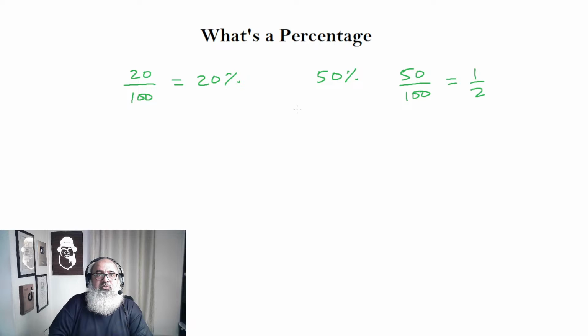So percentages and fractions are two different names of the same thing. This 20% is representing the fraction 20 over 100, and 20 over 100 is representing 20%.